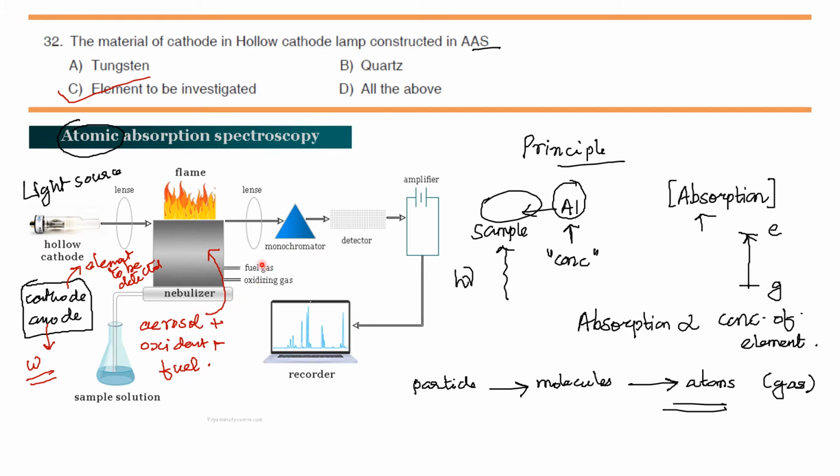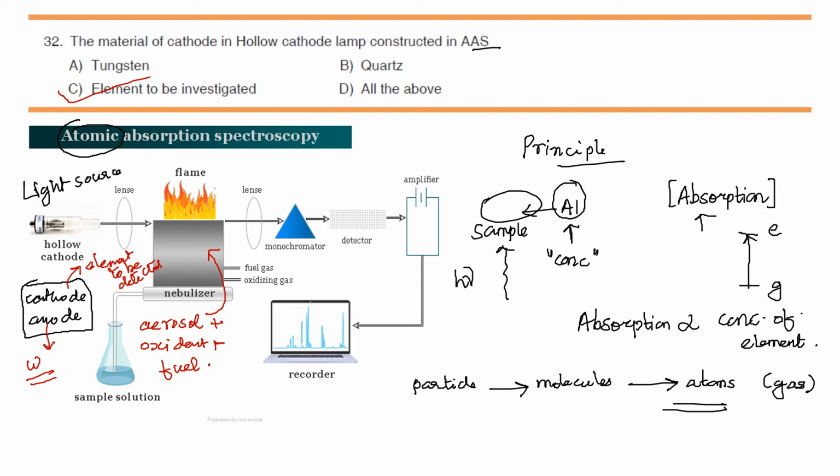You can actually see the inlet for the fuel gas and oxidizing gas, and both are mixed with the aerosol and sent into the flame. This place where you have the flame is known as the atomizer.